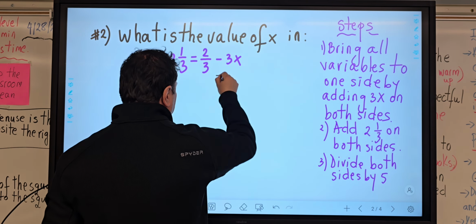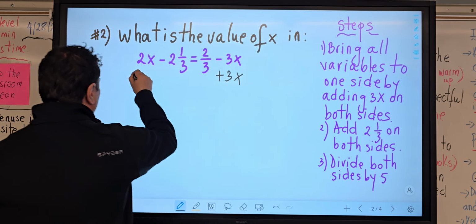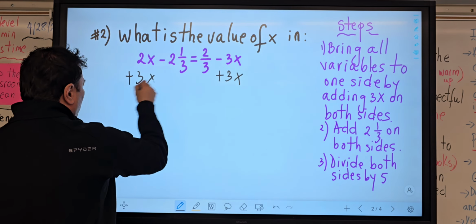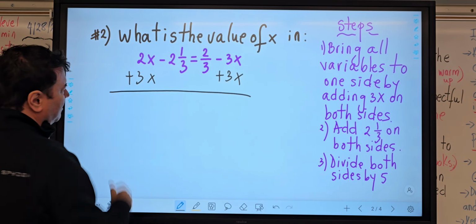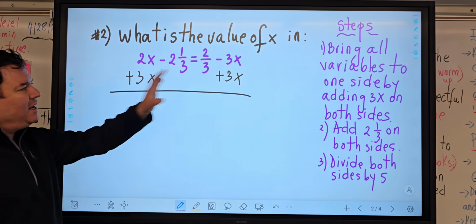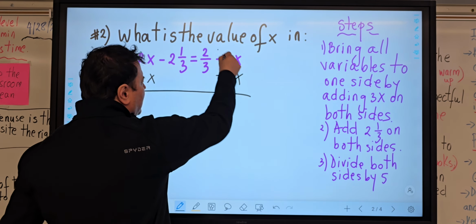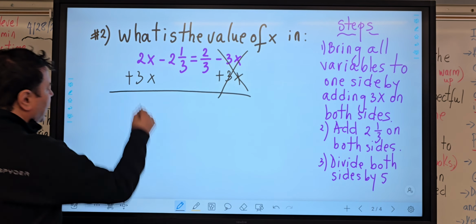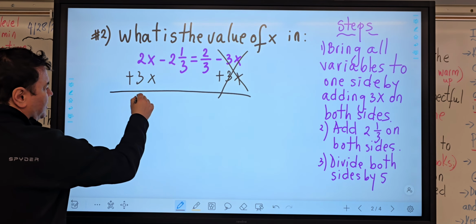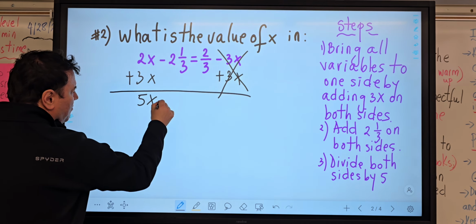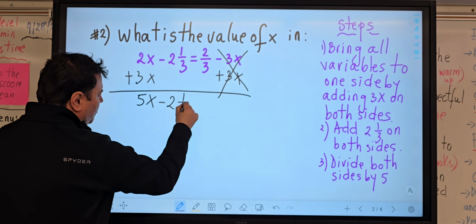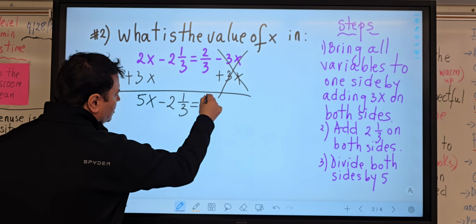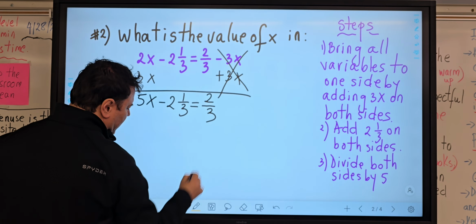Because negative 3x plus 3x now cancel each other out. And we have here 2x plus 3x becomes 5x minus 2 and 1 over 3 equals 2 over 3.